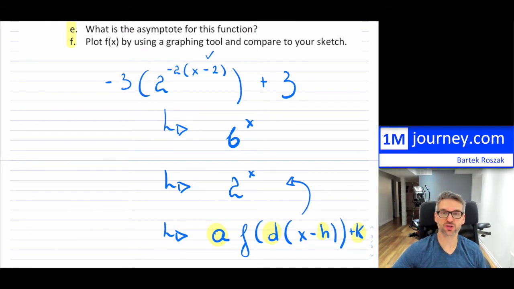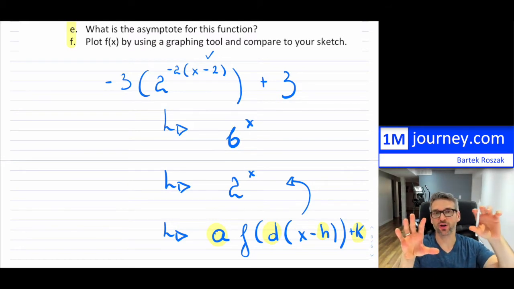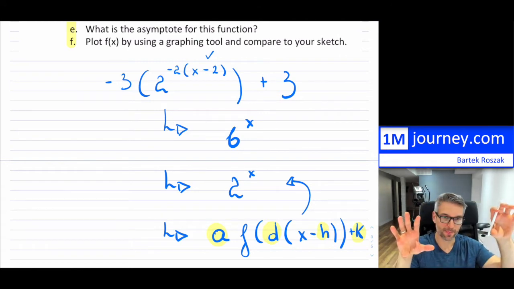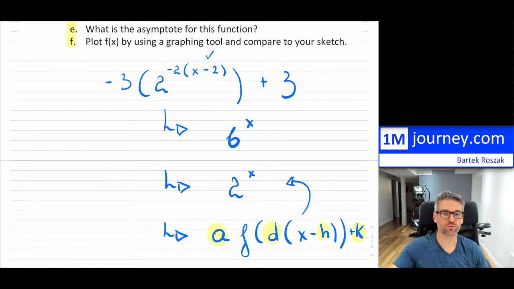And now I can slowly, one by one, see first what will A do to it? What will D do to it? And then the H and the K, those ones are just kind of shifting it, right? Up or down, left or right. So the H and the K just shift my actual plot.